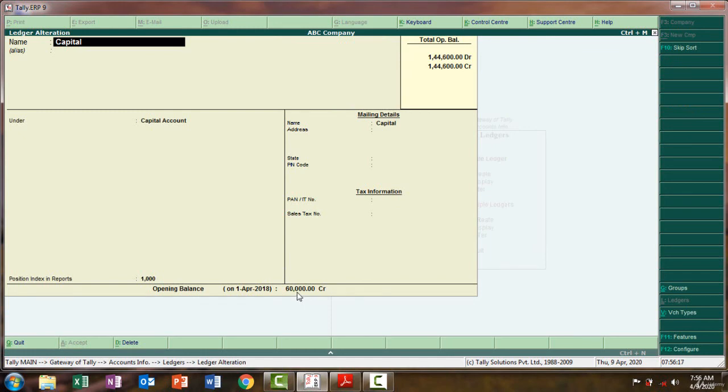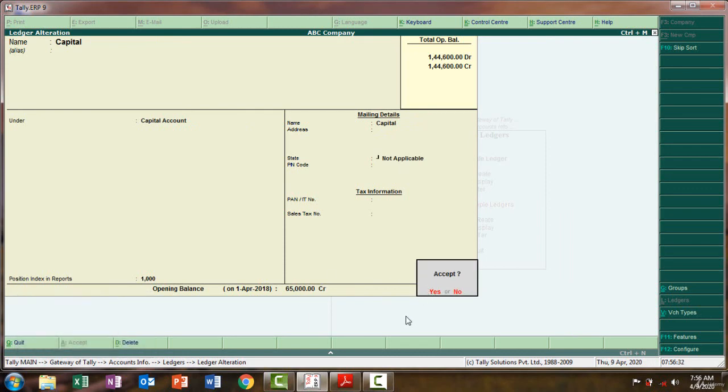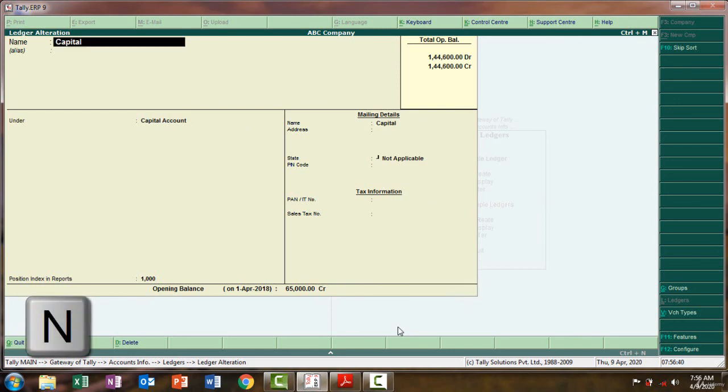If you want to change anything in the ledger, you can change. For example, I type 65,000, then enter. If I want to save, click yes, Y, or otherwise no. I'm not going to change it because it's the correct amount, so I click N, then okay.